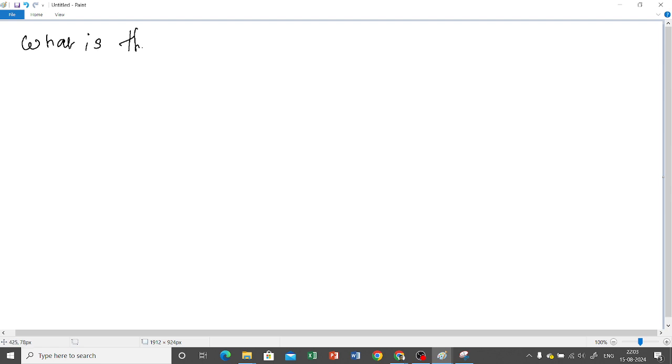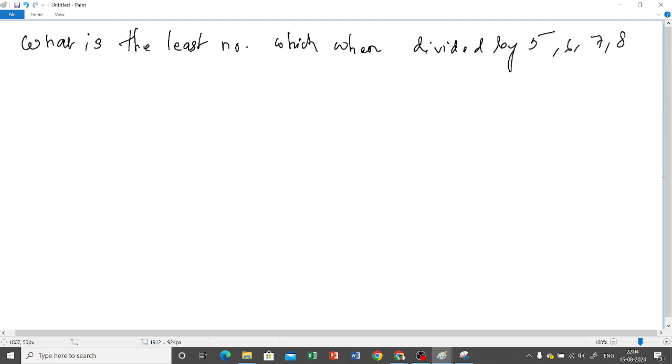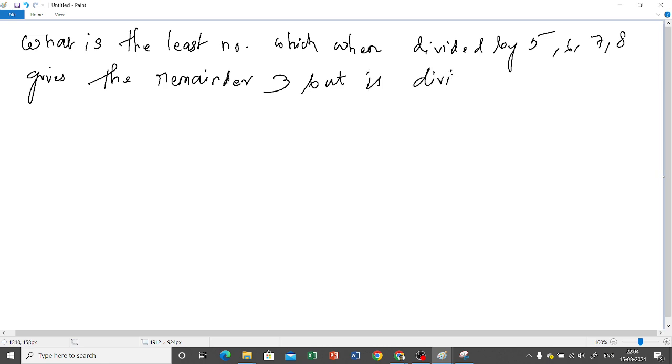What is the least number which, when divided by 5, 6, 7, 8, gives the remainder 3 but is divisible by 9?